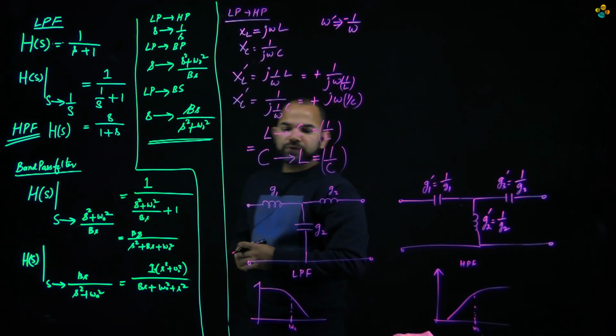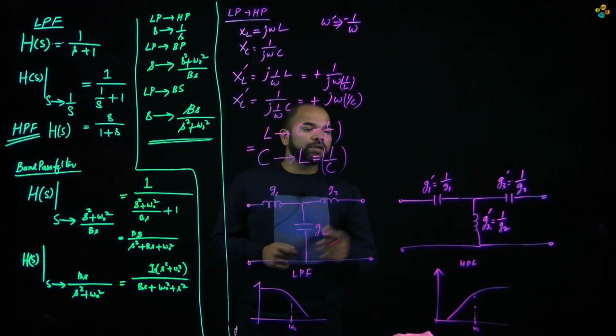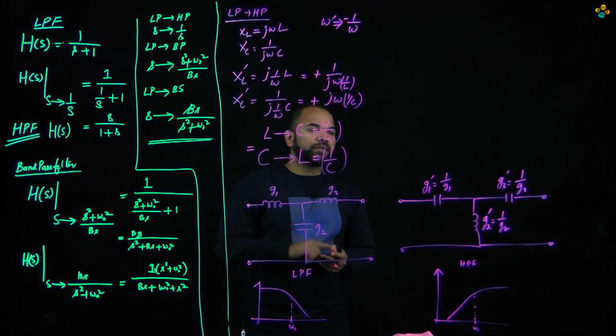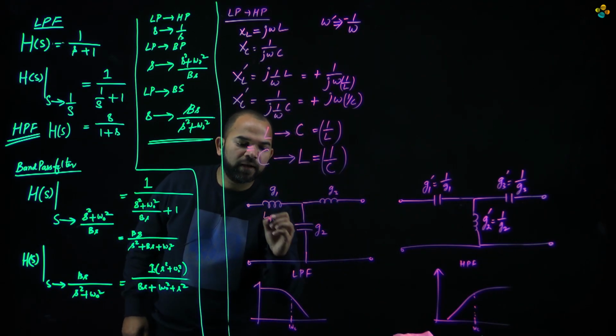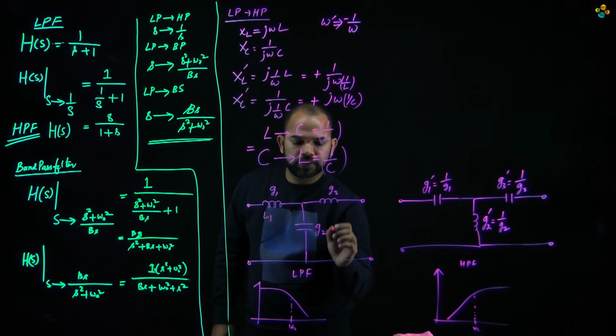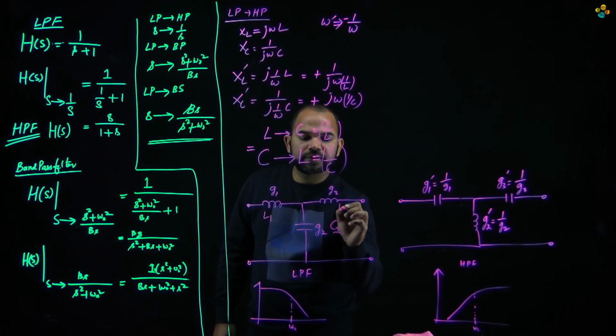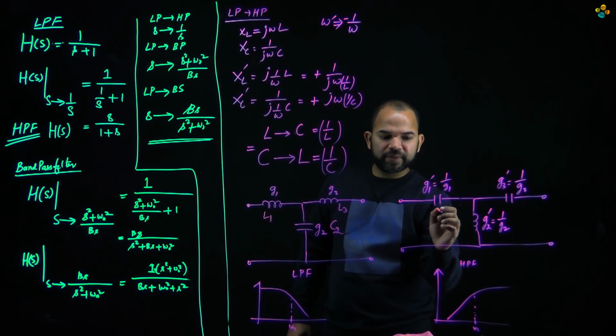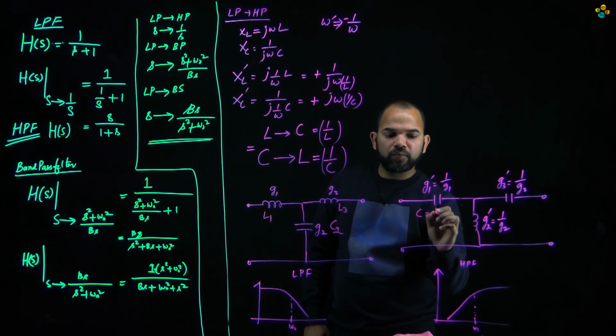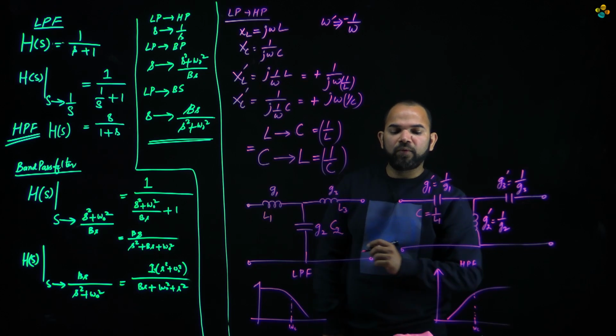You can also relate these with the inductance and capacitance. It's really simple. So this is L1, this is C2, this is L3. Okay? So this capacitance, C1 dash, is going to be 1 over L1.